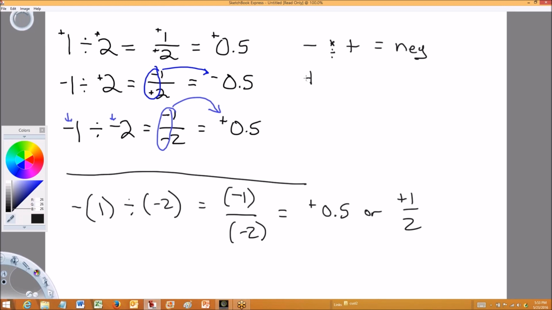And we can flip that around. And a negative times or divided by a negative equals a positive. And of course, a positive times or divided by a positive equals a positive. All right, that's it for lesson 4.